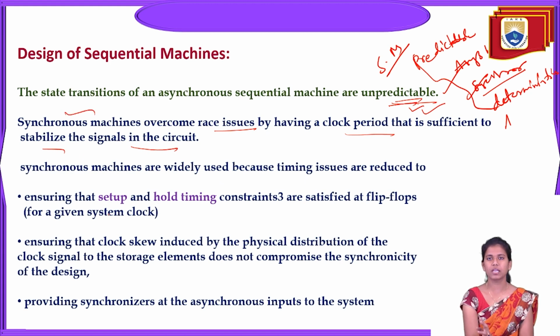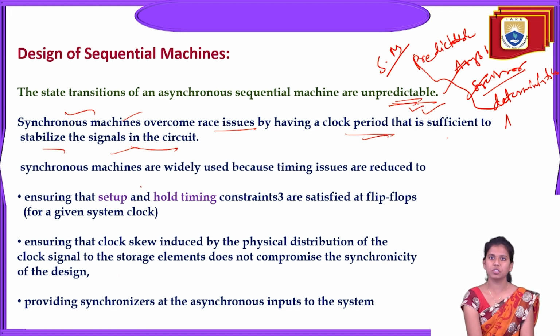Synchronous machines can overcome the race conditions because they have a clock signal, and the clock signal itself is sufficient to stabilize the signals in the circuit. The clock signals are efficient in overcoming race issues.